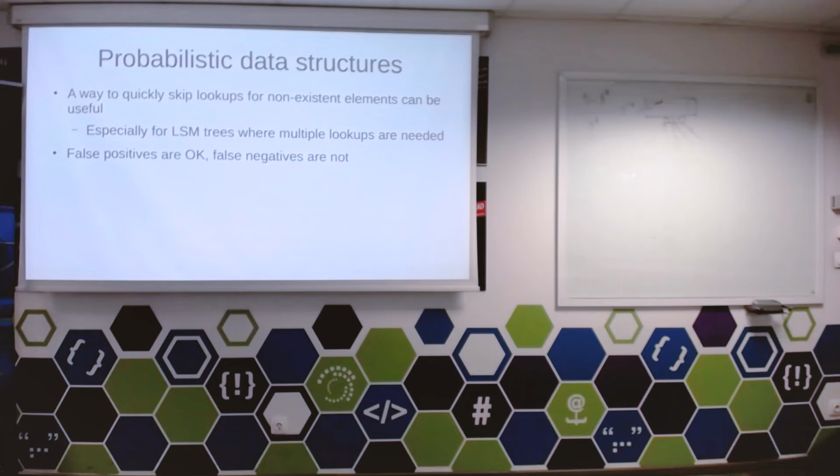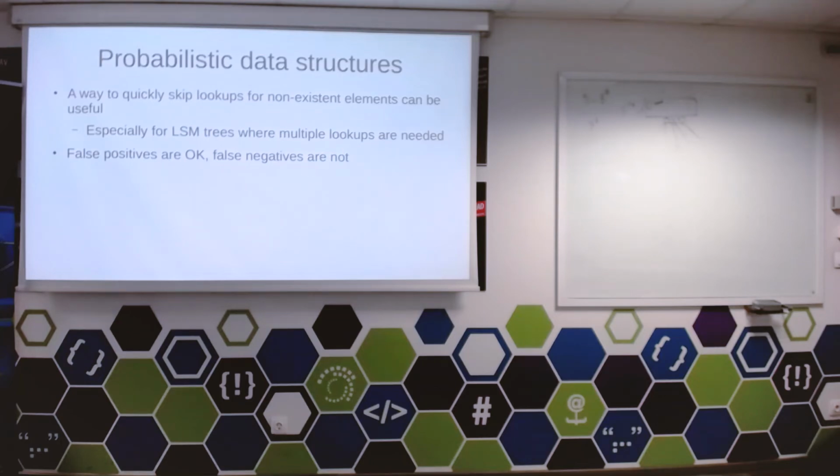So the last topic I'll tell you about is probabilistic data structures. In particular, we will look at probabilistic sets in which we can insert stuff, and we can check if stuff exists, except they might sometimes lie to us. We can only accept false positives, that is, the set can tell us that something is there when it isn't, but we're not willing to accept any false negatives.